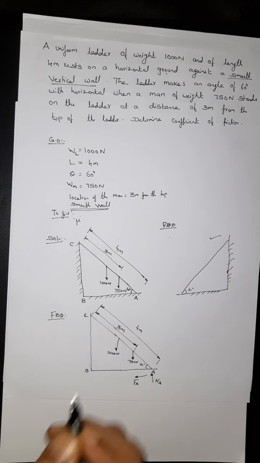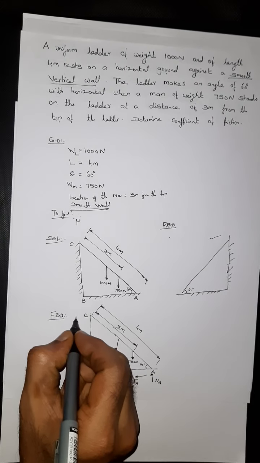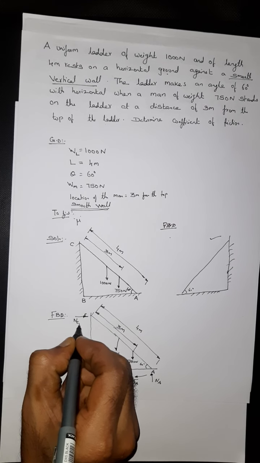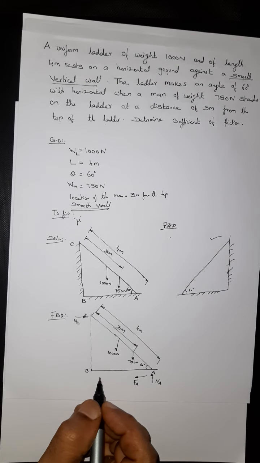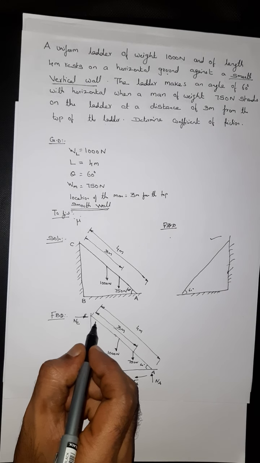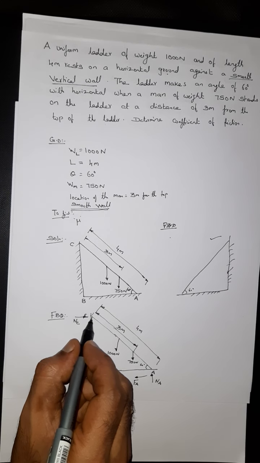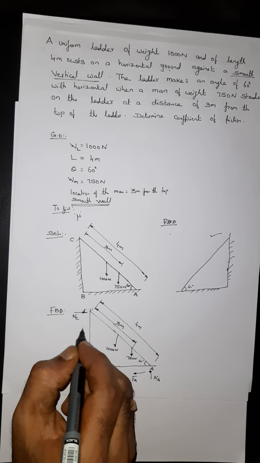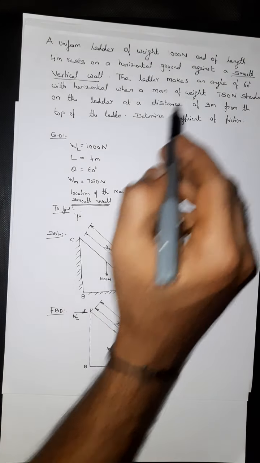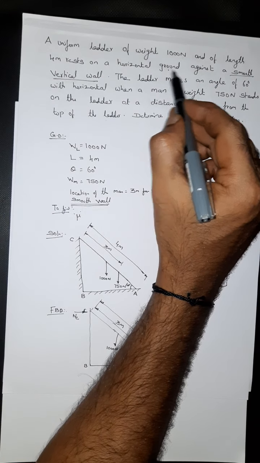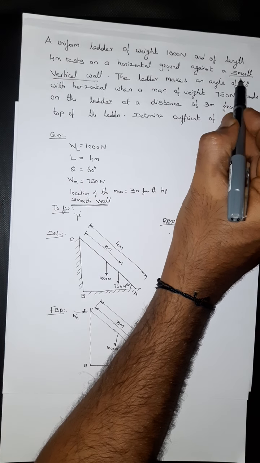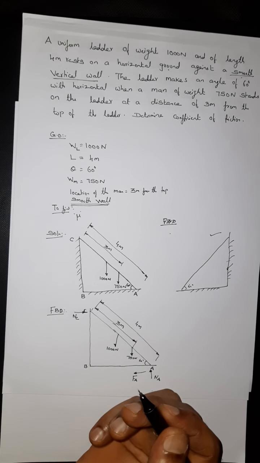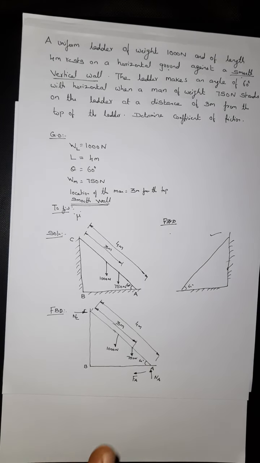As far as point C is concerned, there will be a normal reaction. This can be named as NC. And the motion of this ladder is vertically downwards, and the friction will act opposite of this. But look here, it is clearly specified that the horizontal ground is against a smooth wall. If a wall is smooth, there will be no friction, right? Fine.